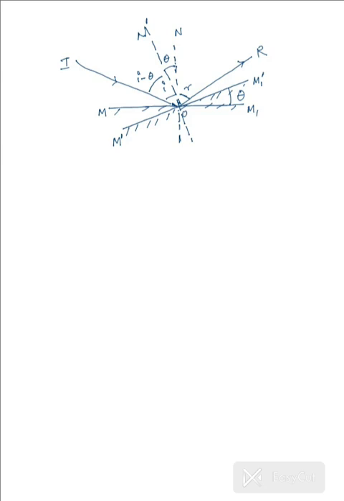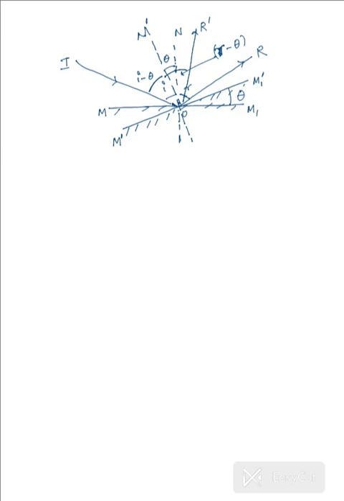The reflected ray, which was moving along OR, we will now consider because we have a new normal, that is ON prime, and the new angle of incidence. So following the angle of incidence, we have the angle of reflection, and the angle of reflection is r minus theta, and it's along OR dash. So that angle that we see over there is r minus theta, because I is equal to r, and theta is subtracted from both of them.